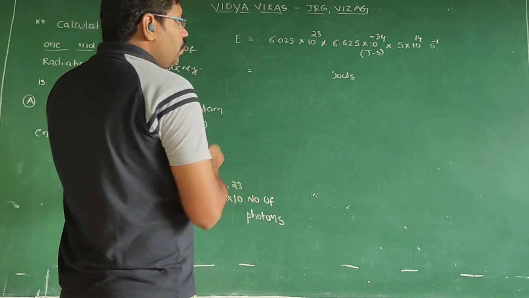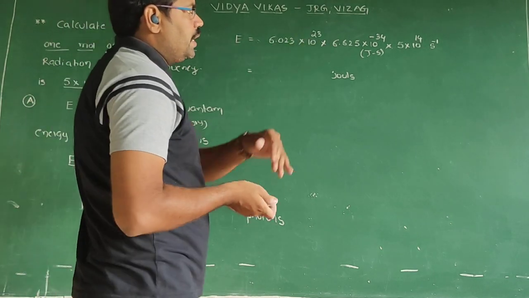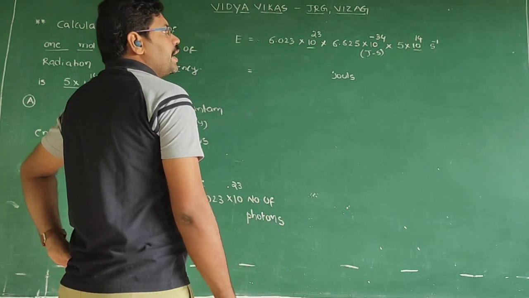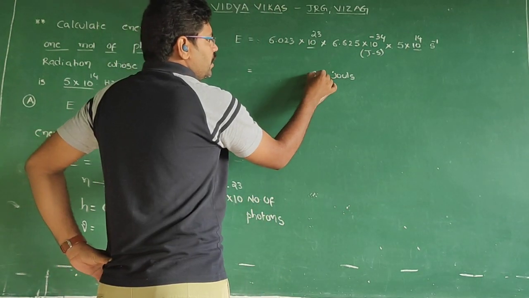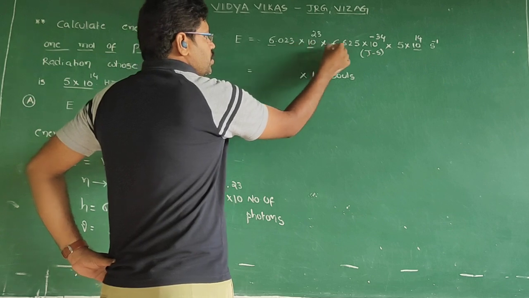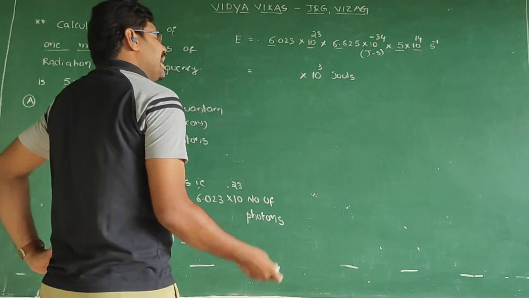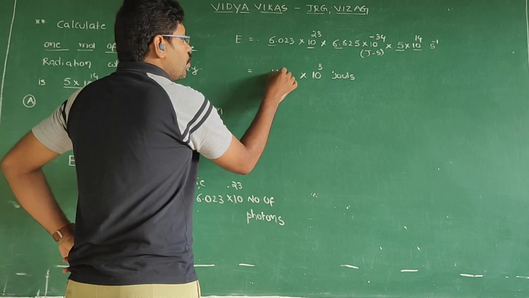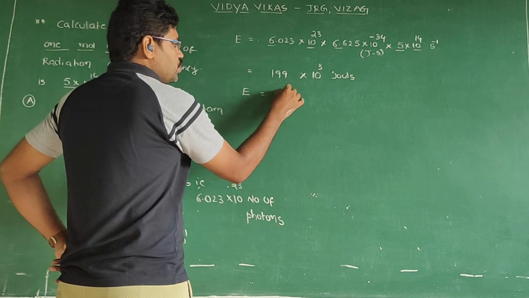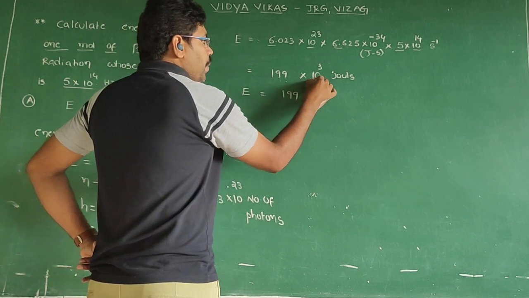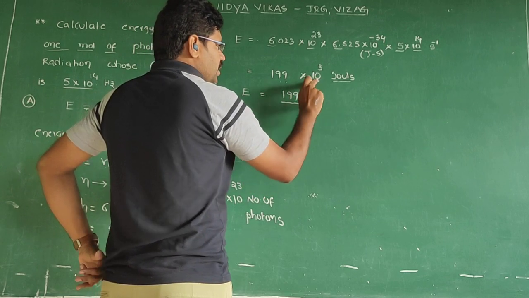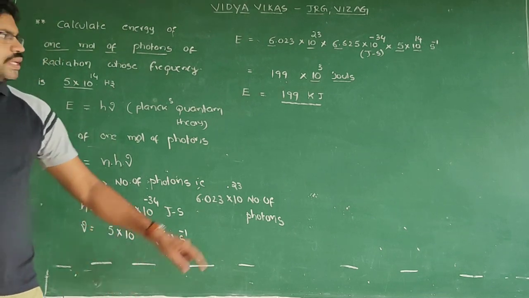If you do the rough calculations, the answer becomes clear. 10 power 14 and 10 power 23 make 10 power 37, and what remains is 10 power minus 34, so 10 power 3 remains. If we multiply these, dear students, we get almost 199. So the energy of 1 mole of photons is 199 into 10 power 3 joules, which we directly write as kilojoules, since 1000 joules is a kilojoule.